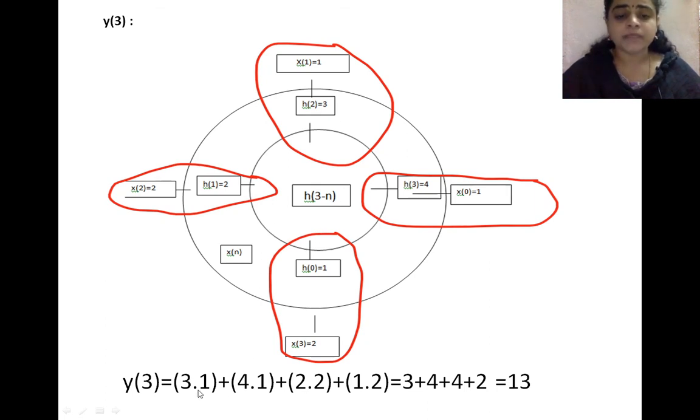Overlapping here, 4 into 1, 4, 3 into 1, 3, 2 into 2, 4, 1 into 2, 2. Then you have to add each and every product. Finally the result is the magnitude of that particular sample.